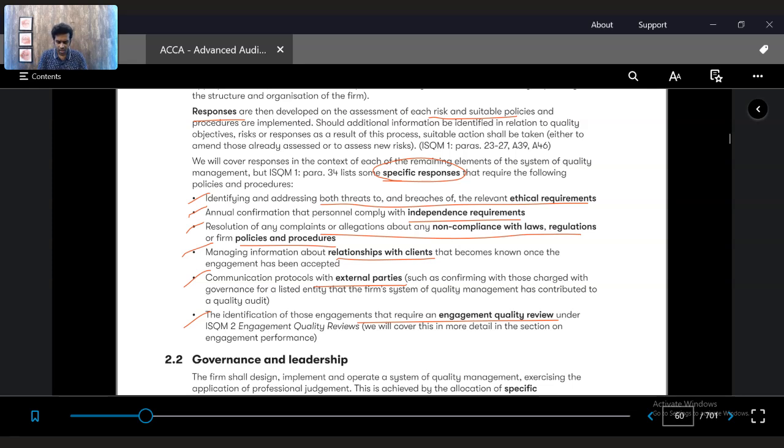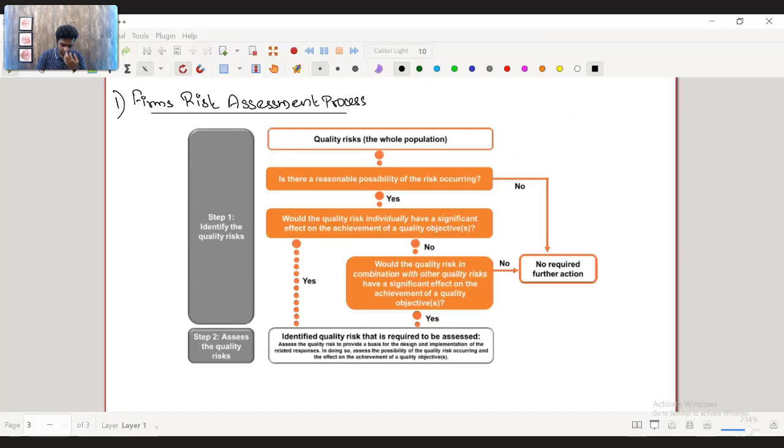Relating to the engagement quality review, we will learn it when we look at a component called engagement performance. To go through this, there is a flow chart which will help you understand.